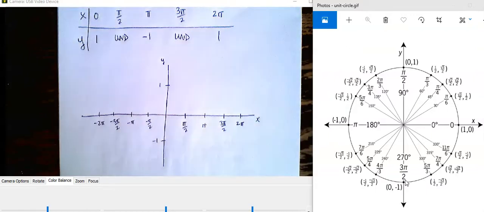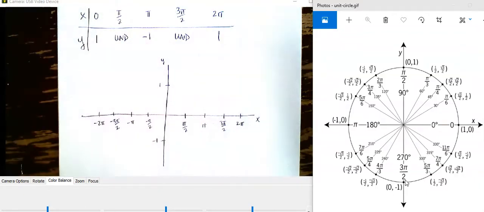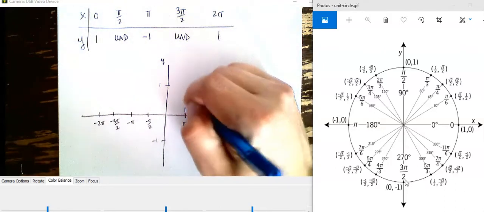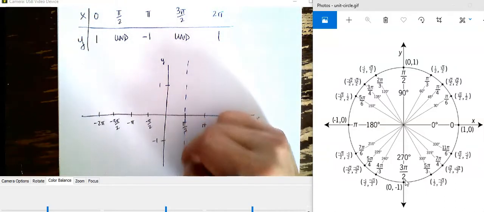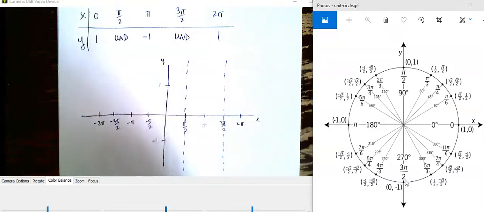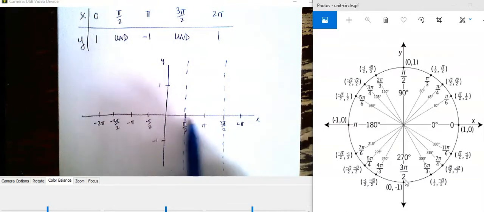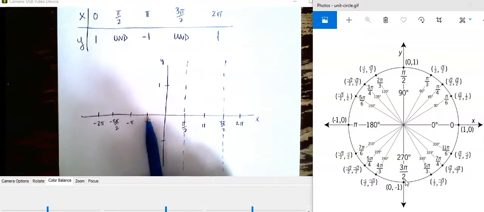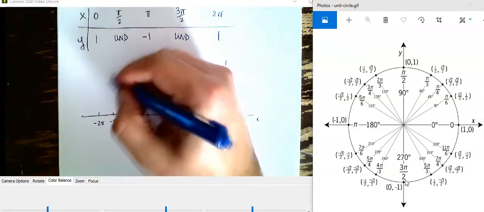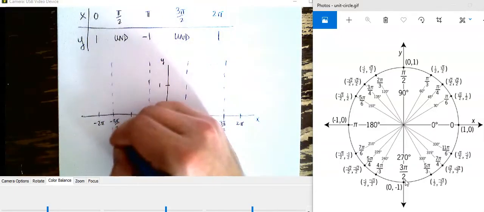All right, so let's plot what we have. So we see that there are asymptotes at pi over 2 and 3 pi over 2. So let's graph those in there. So it looks like they're happening every pi units as well. So our next asymptotes will be at negative pi over 2 and negative 3 pi over 2.